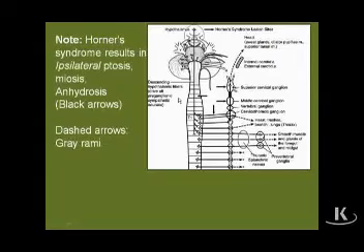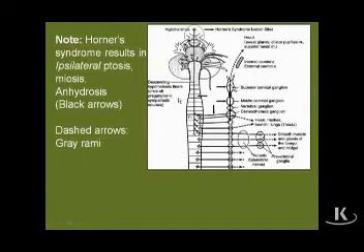But more to the point, if we have a lesion, and we'll see this in cervical spinal cord lesions and in brainstem lesions, if there is a lesion of this descending hypothalamic fiber pathway, the patient will present with a central Horner's syndrome. So the point is, we can have lesions that are entirely contained within parts of the brainstem or parts of the spinal cord that will also result in the signs and symptoms of Horner's syndrome, even though the lesion does not affect either the preganglionic or postganglionic sympathetic neuron.